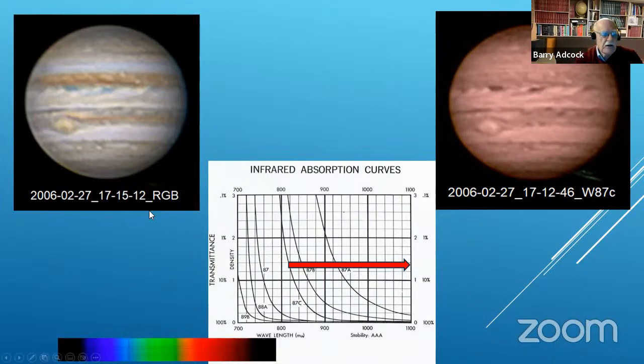And again, during the early days of digital imaging, I was able to use that 87C filter to produce what was then known as pink pictures. And even at a glance, there are differences, of course, between the images, those two taken only a few minutes apart, but there are vast differences in the image itself.